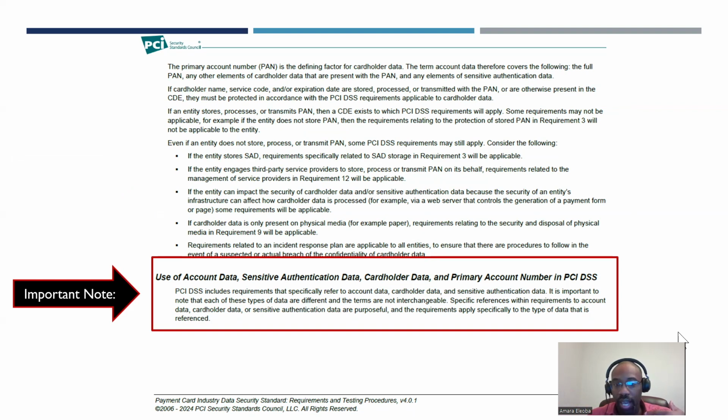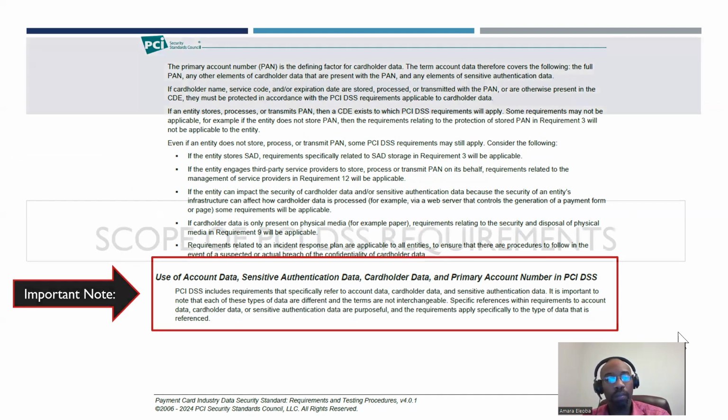They are different, and the terms cannot be used interchangeably, so you will not cause confusion, okay? So there's account data, and that includes your sensitive authentication data and your cardholder data, and that includes your primary account number, okay? So it's very, very important to note that these are different and cannot be used interchangeably.